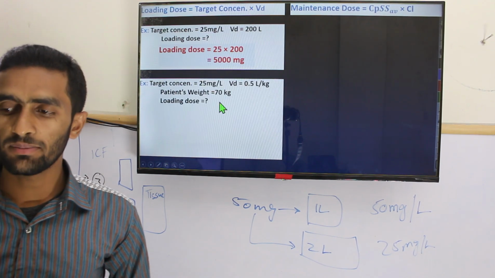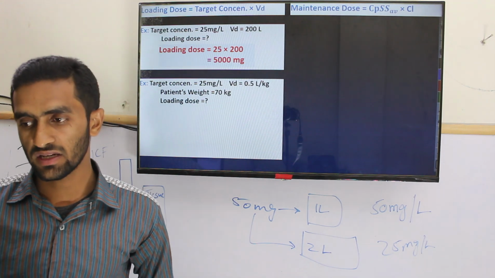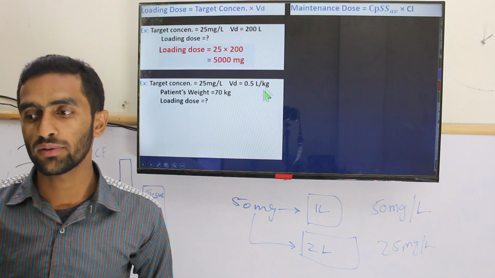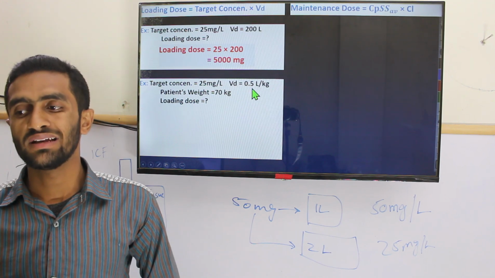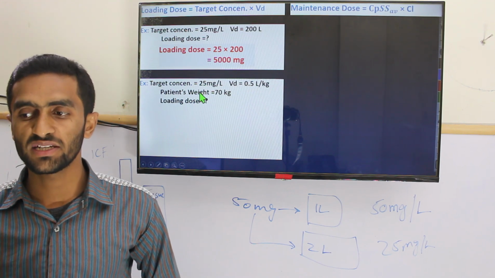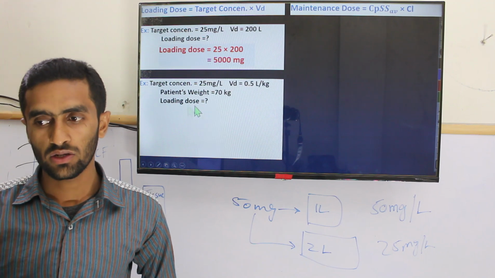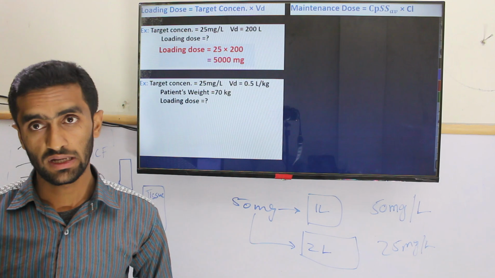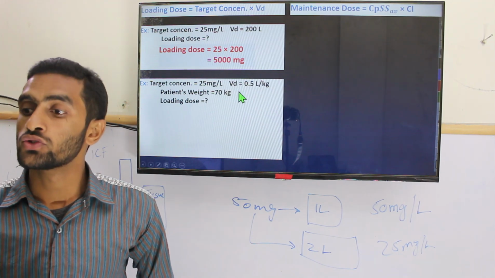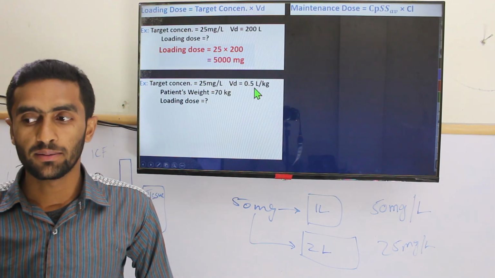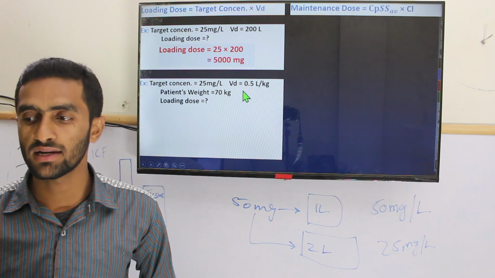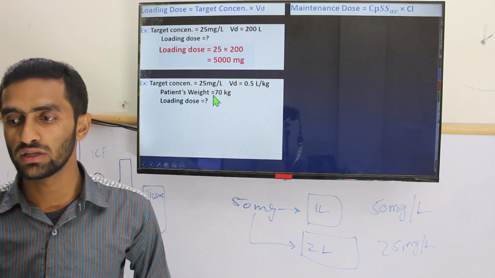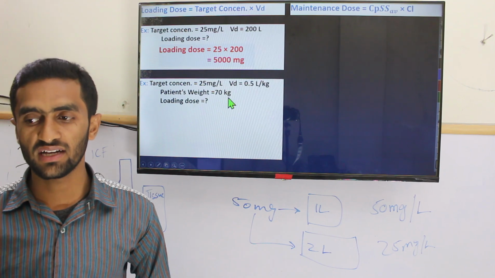So this is a simple question, but sometimes it's complicated. Like this, you have target concentration at 25 mg per liter, but volume of distribution is 0.5 liter per kg, and patient weight is 70 kg. Calculate loading dose. Now I am going to start. So 0.5 liter per kg. It's not for the complete whole body, and the patient weight is also given.